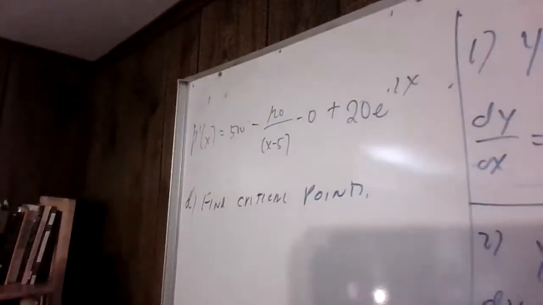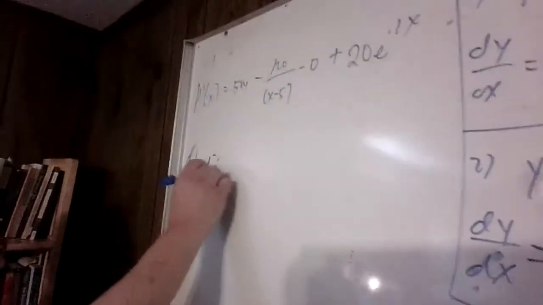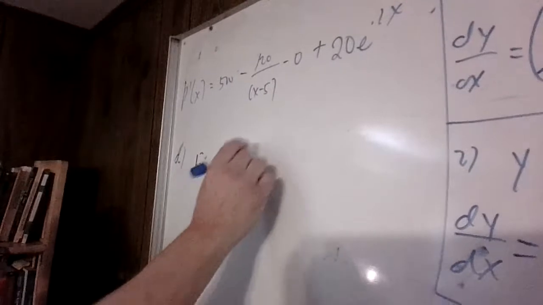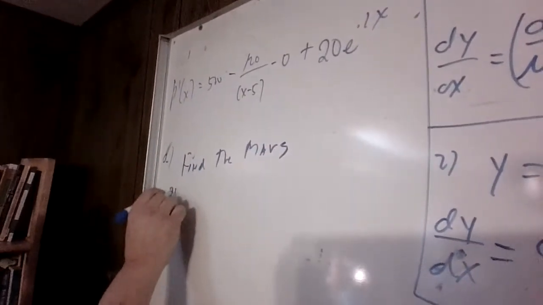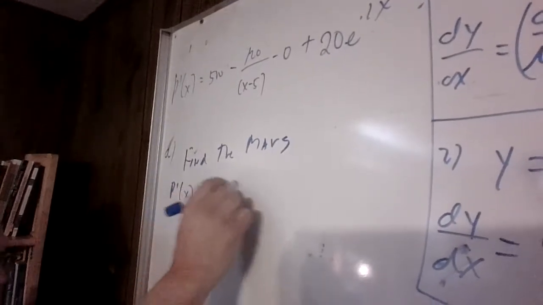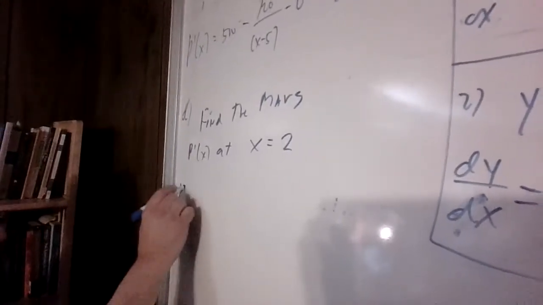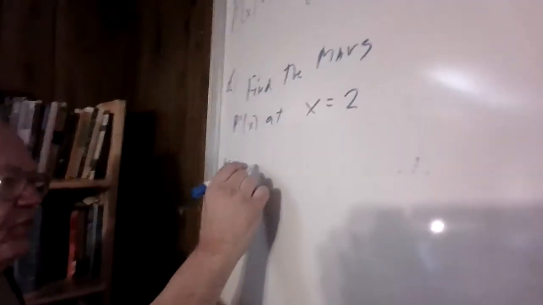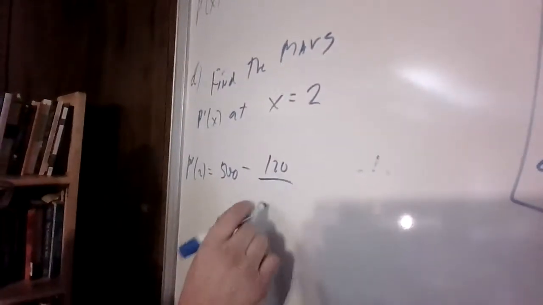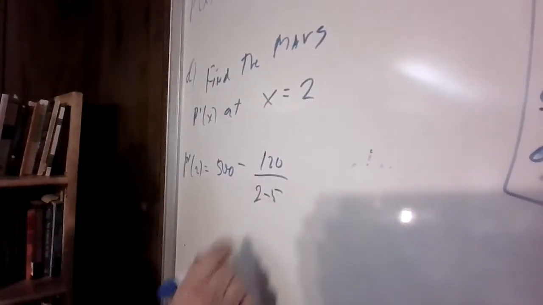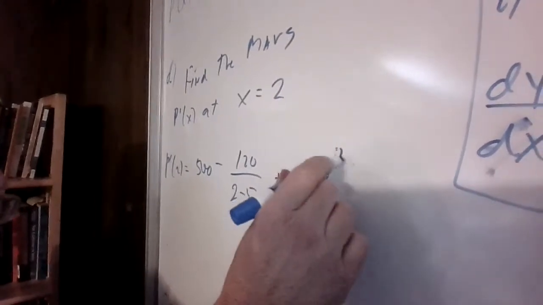And the last part that I'm going to ask you to do is find the marginal profit function at x equal 2. So all you would have to do is P prime of 2 would be 500 minus 120 times 2 minus 5, plus 20 e to the 0.1 times 2.